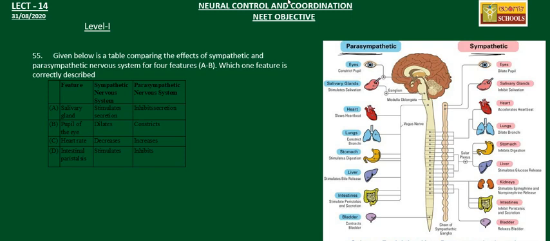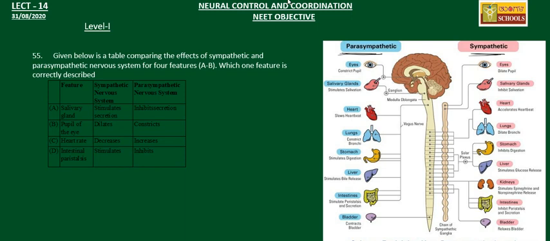On this side you can see sympathetic: it dilates the pupil in eyes, inhibits salivation in salivary glands, accelerates heartbeat in the heart, dilates bronchi in the lungs, inhibits digestion in the stomach, stimulates glucose release in the liver, and in the kidneys stimulates epinephrine and norepinephrine release.